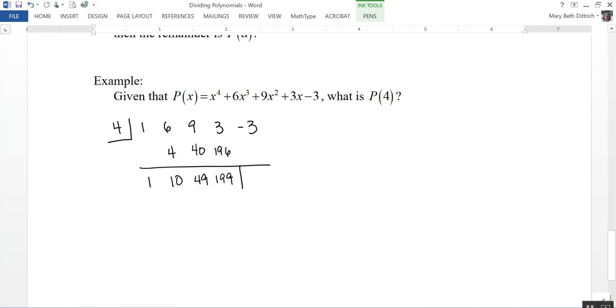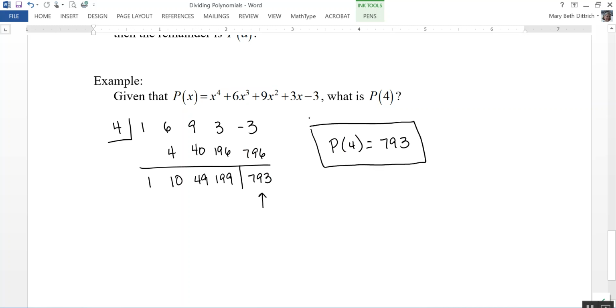Whoa, getting big numbers here. And 4 times 199 is 796, and adding those I get 793. That's my remainder, so that means that p of 4 is equal to 793. That's a whole lot faster than plugging 4 into this function and evaluating that way.